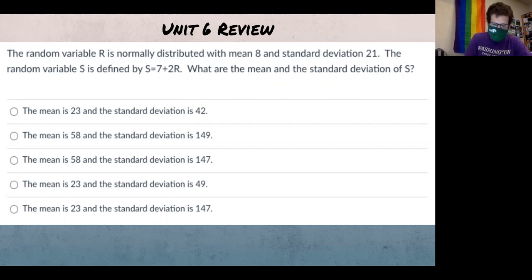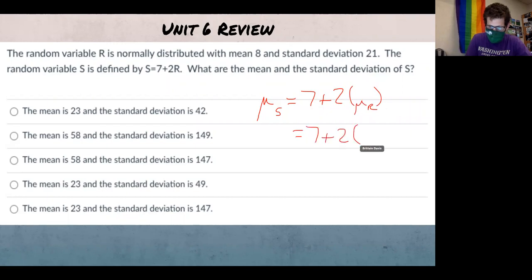So for the mean of S, it's going to be 7 plus 2 times the mean of R. So that's going to be 7 plus 2 times 8, which is 23. And there we go. I'll just cross these out.